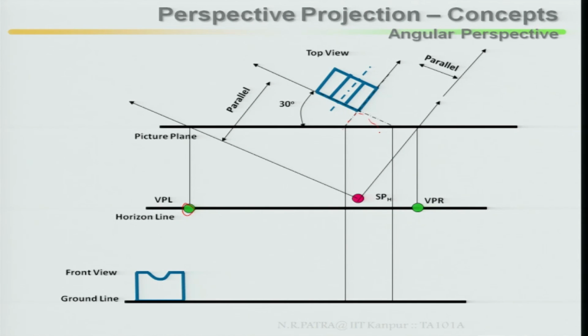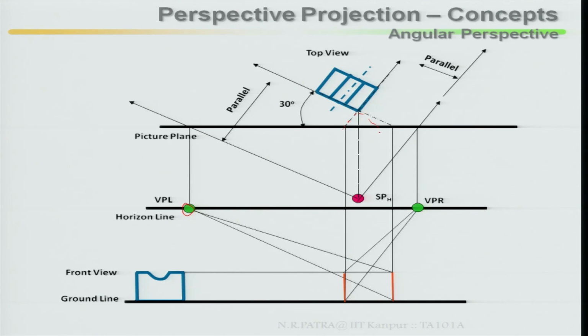Then take the front view and join the lines. This is the line from your right vanishing point, this is the line from the left vanishing point, and your object will lie from here as well as from here. Then draw the middle point, and this is the actual side or face of this.